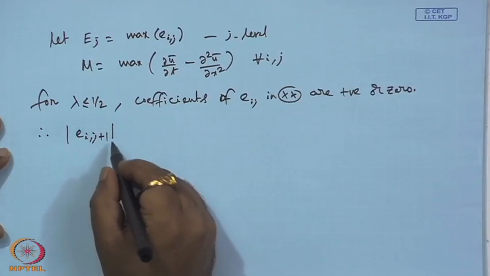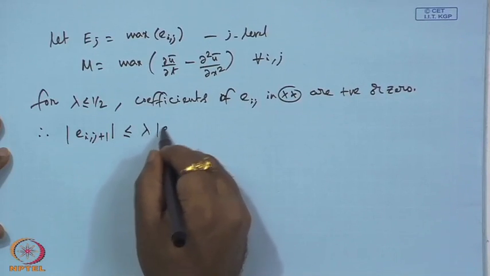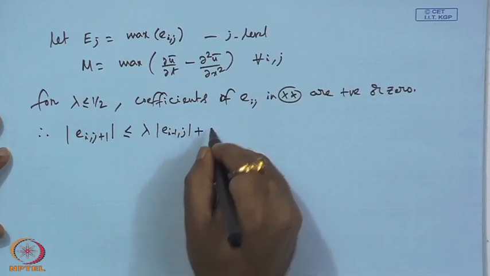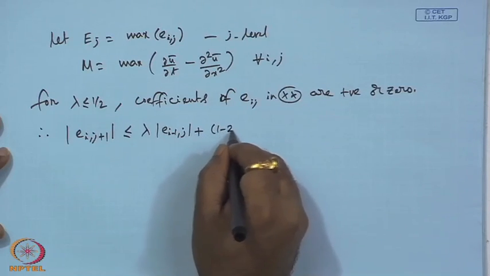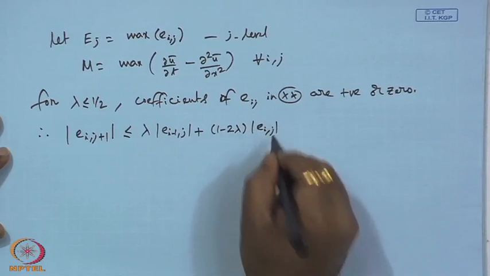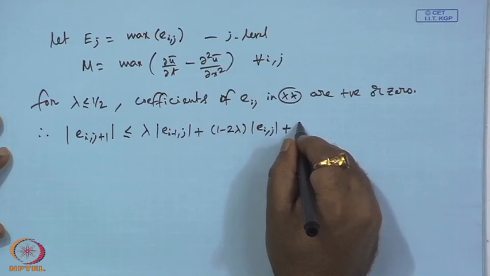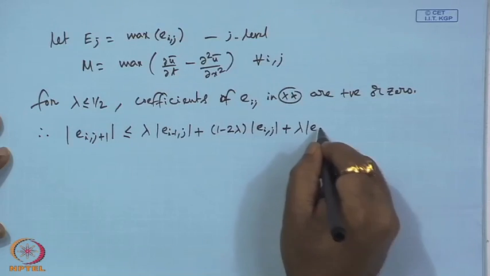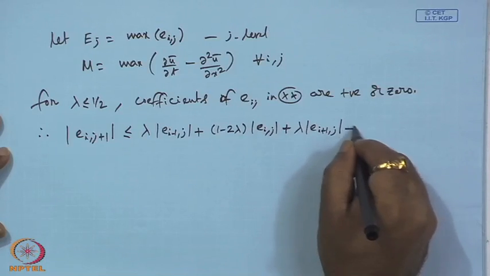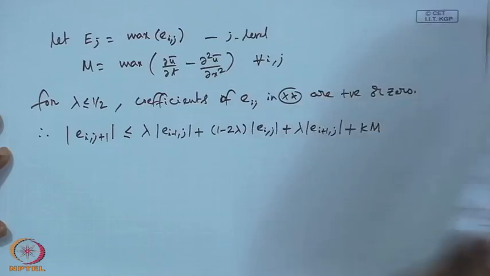Therefore, the mod of this is less than or equal to lambda |E_{i-1}^j| plus (1 minus 2 lambda) |E_i^j| plus lambda |E_{i+1}^j| plus k M. How are we getting this?